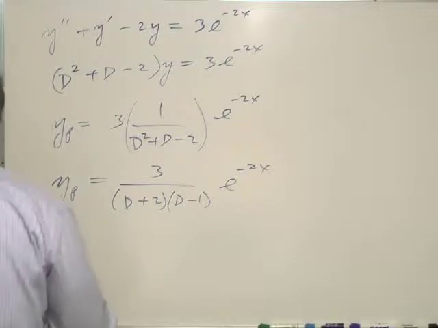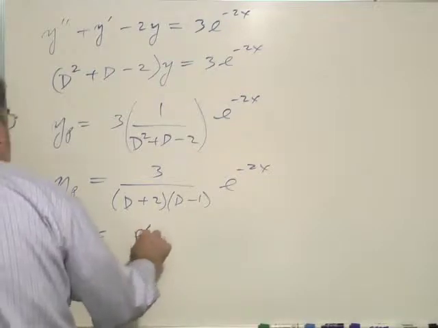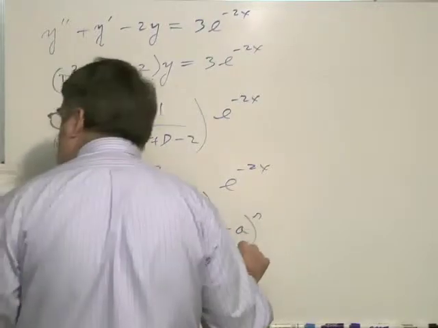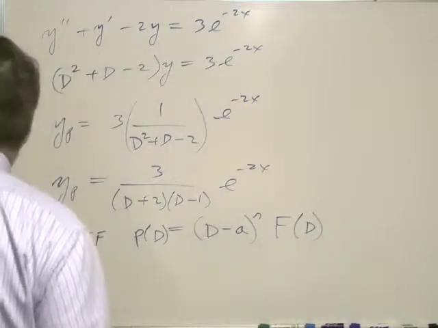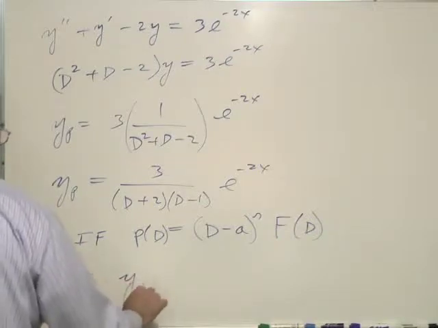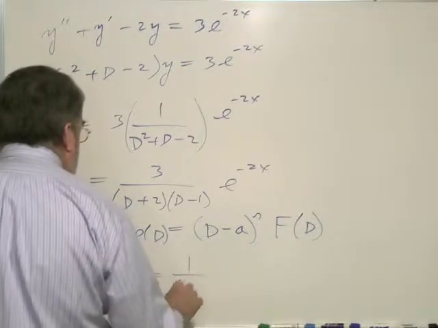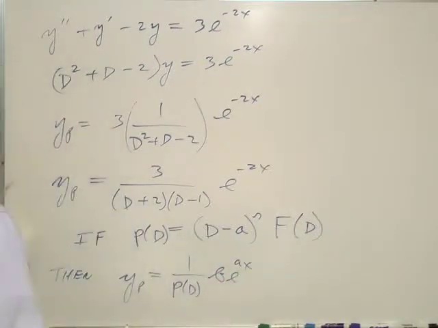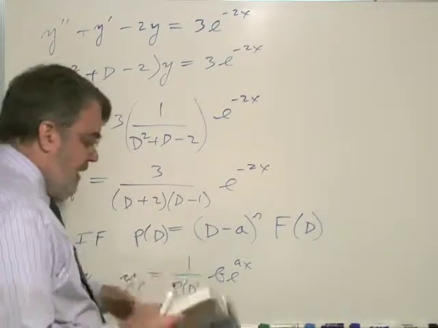The theorem says that if P of D is d minus a raised to the r power times f of d, then y particular is going to be 1 over p of d operating on b e to the ax, which is what we have right here, where b is equal to 3.